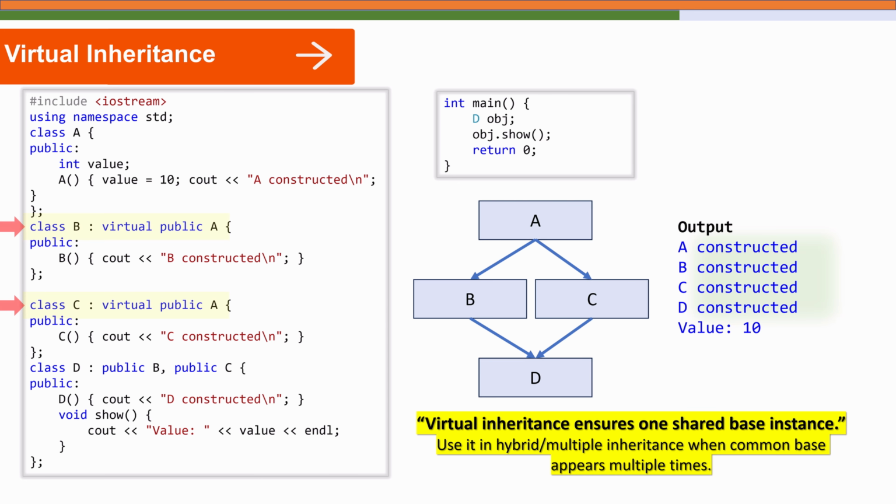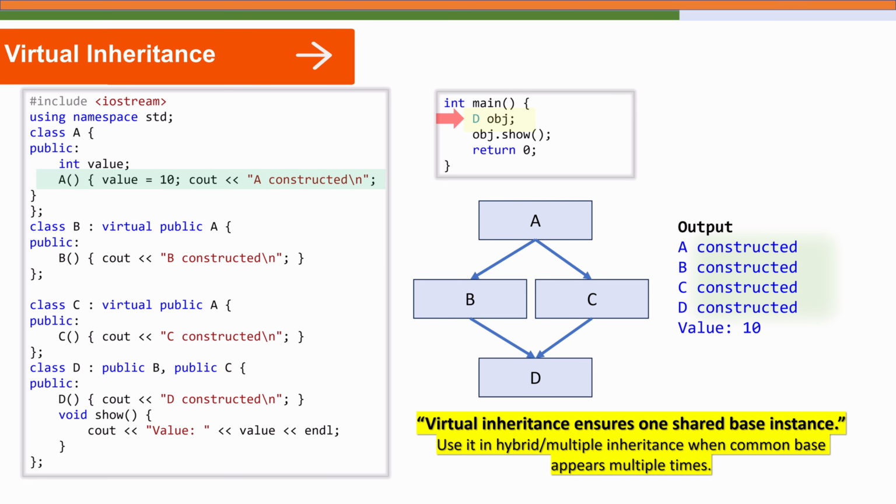So class B : virtual public A, and class C : virtual public A. That single word virtual changes everything. It tells the compiler, if multiple classes inherit from A, share one common instance of A. So now the memory structure becomes easy to comprehend. Internally, D has only one shared instance of A.